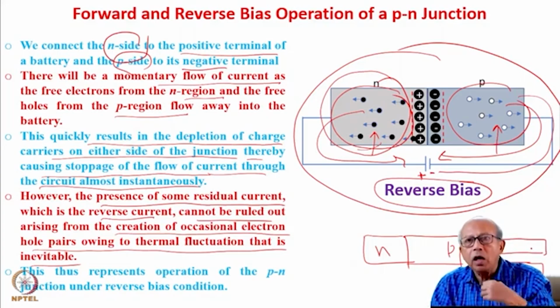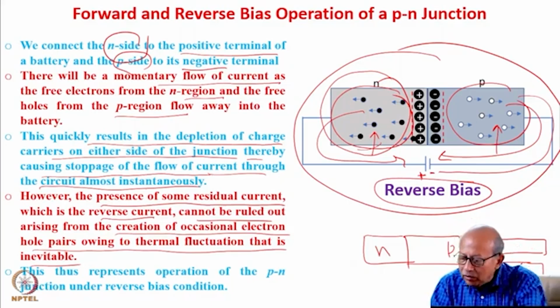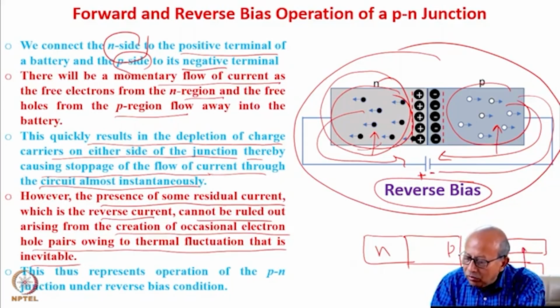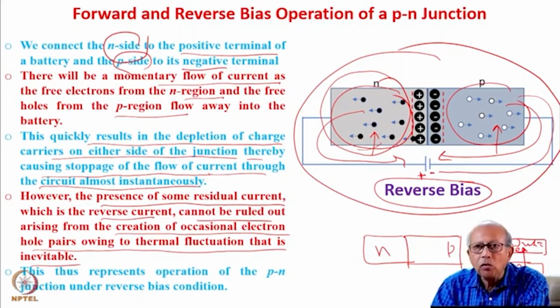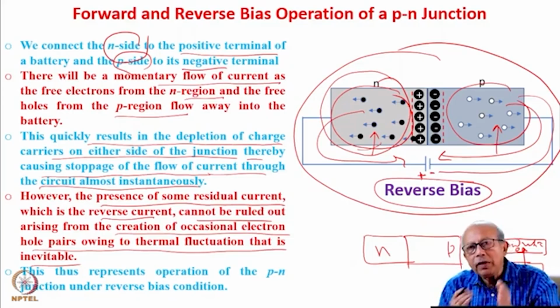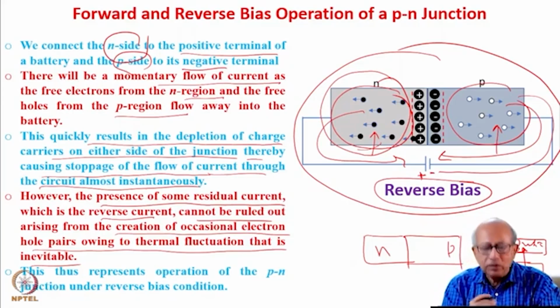So due to some thermal fluctuation, that is, if suddenly there is a slight increase in temperature, the electrons will have more energy and therefore the electrons can jump over from the valence band to the conduction band. So that will create an additional electron here and a hole here, an electron-hole pair. So because of that, there will be again some flow of current, reverse current. This is called reverse current.